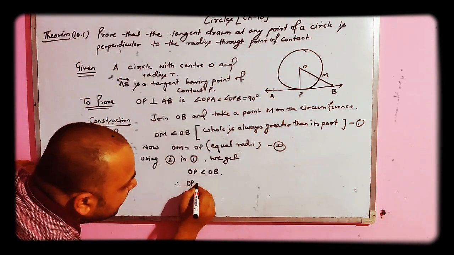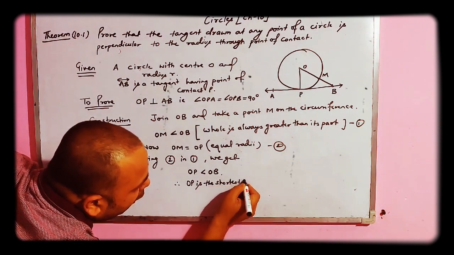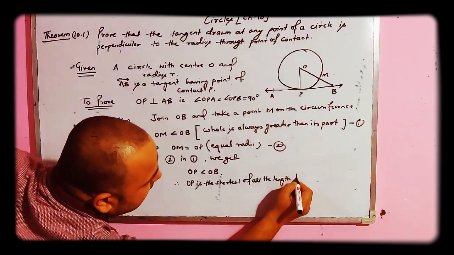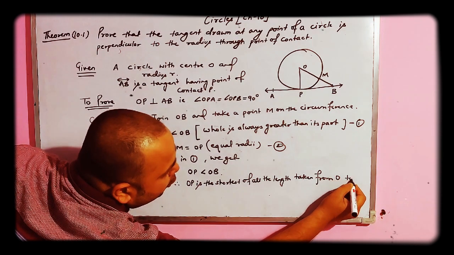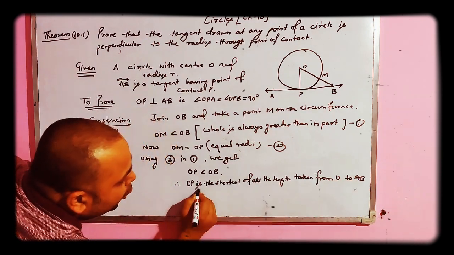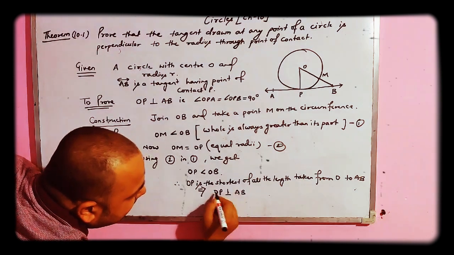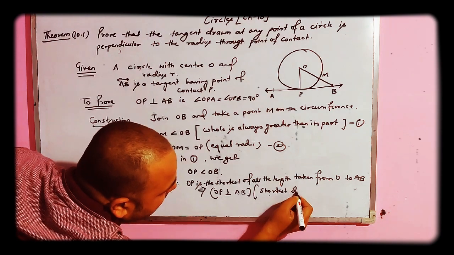So OP is the shortest of all the lengths taken from O to AB. So OP is perpendicular to AB, as the shortest distance must be perpendicular.